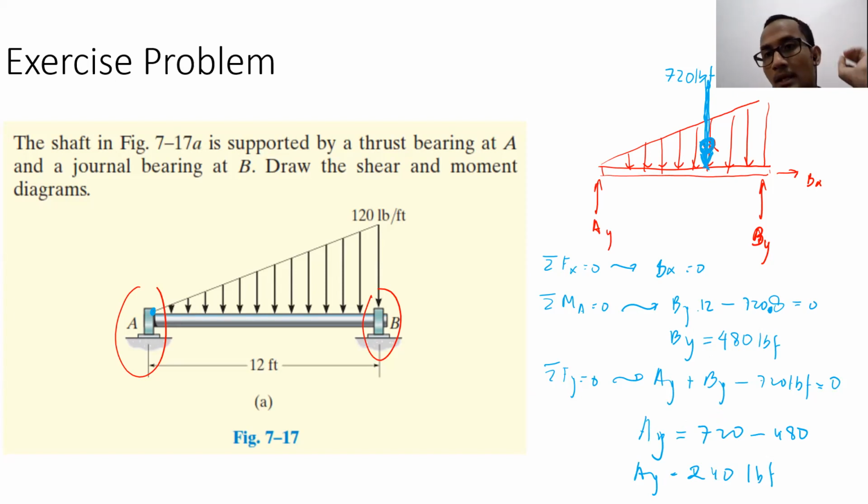Then, in order to draw the internal force and internal moment diagrams, what are we supposed to do after that? How many sections are we supposed to do here? My guess is 2, sir. Why 2?